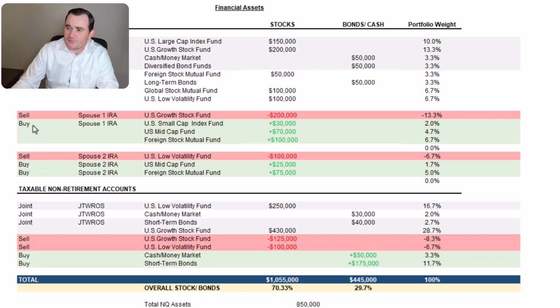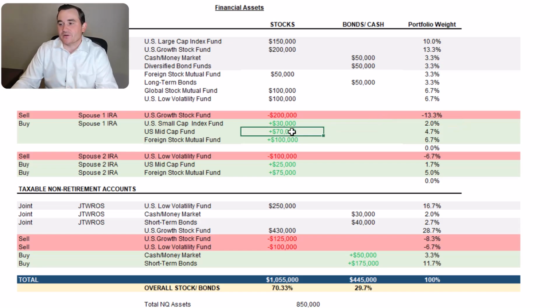So the first thing I would potentially suggest to this couple is, in the IRA, where they have that $200,000 position in the growth fund, since they're at over 40% in growth funds, I would have them sell that entire fund. To reinvest the proceeds, I would add 30 grand or so to a small cap index fund, which brings their overall allocation a little more diversified across the size of the companies within the United States.